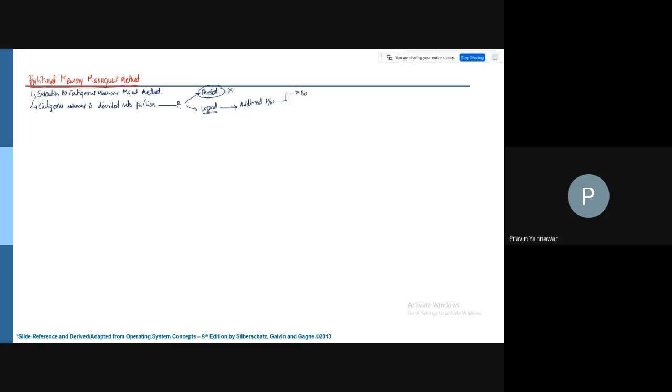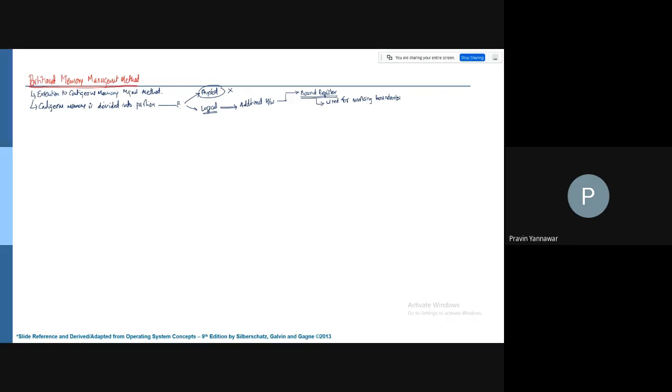We are going to use the bound register here. Okay, and in the last session itself we have worked with the bound register. They are usually used for marking the boundaries that we have set, say we have divided a contiguous memory into two sections.